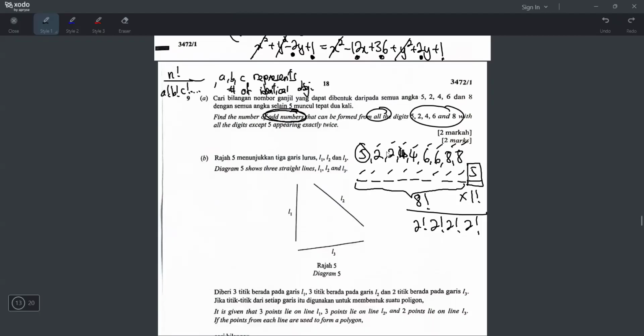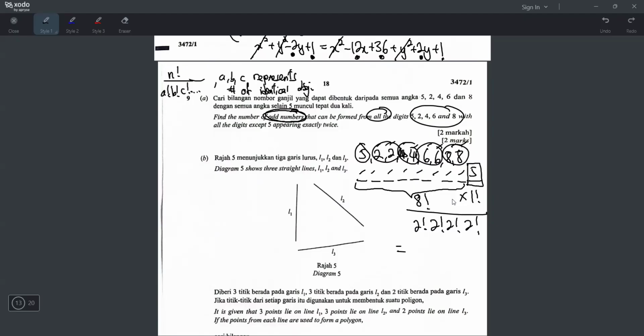So if you have more than one set, because there are 4 sets of identical objects now, the first set is 2, and the number of identical is 2 factorial. And the other sets also. That's why it's 8 factorial divided by 2 factorial, 2 factorial, 2 factorial, 2 factorial. So when you press this, you will get your answer. Okay, wait for me, let me press in my calculator.